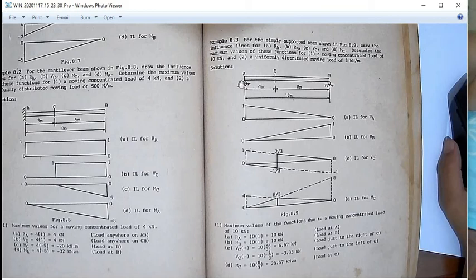Okay. So, dito naman, meron tayong C at distance 4 meters and 8 meters at the other end.